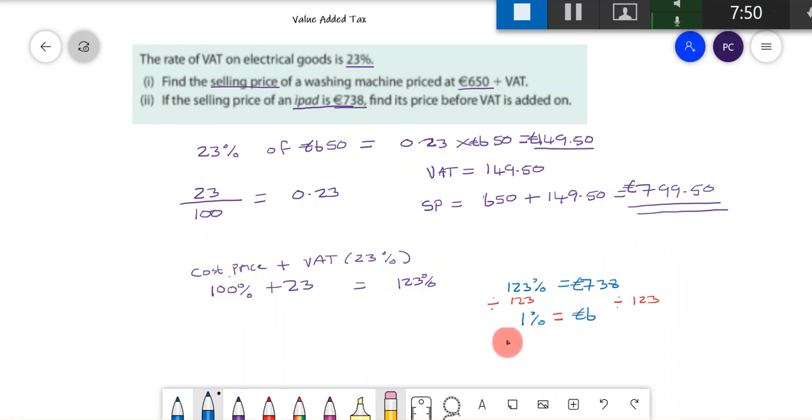So 100% is going to be equal to, well, how do we get this 1 up to 100%? We have to multiply it by 100. If we multiply this side by 100, we also have to multiply this side by 100 as well. So 100% is going to be equal to 6 multiplied by 100, which is equal to €600.